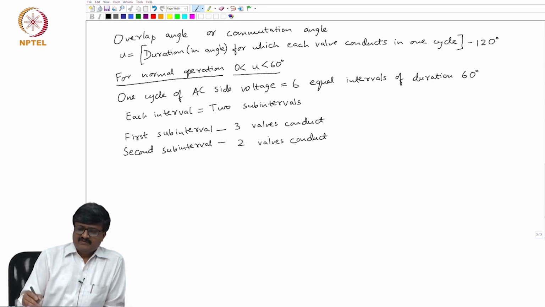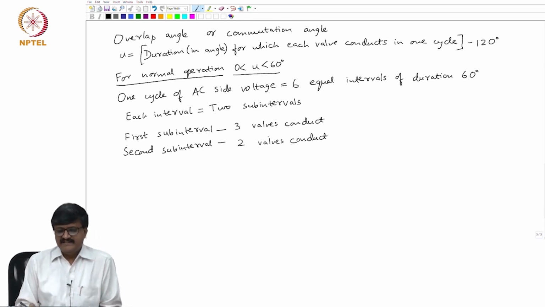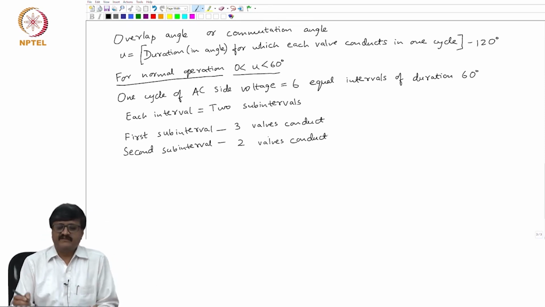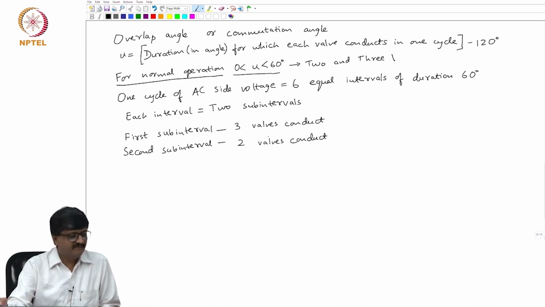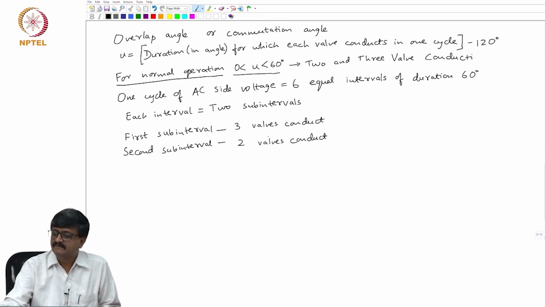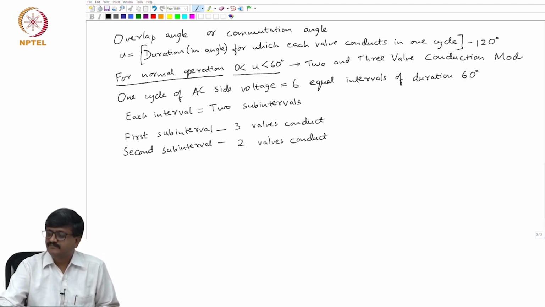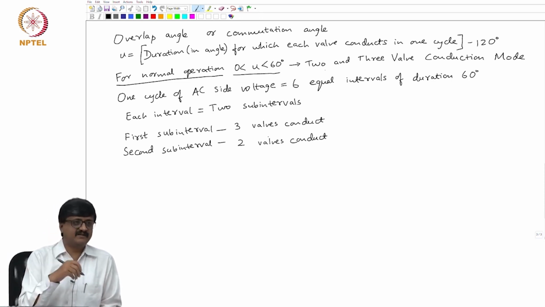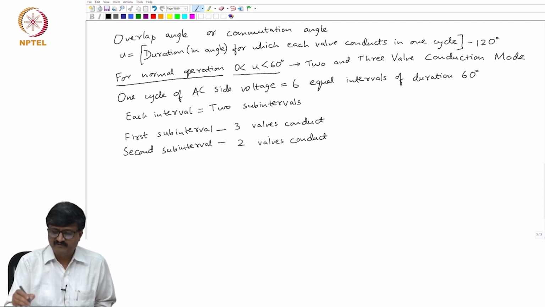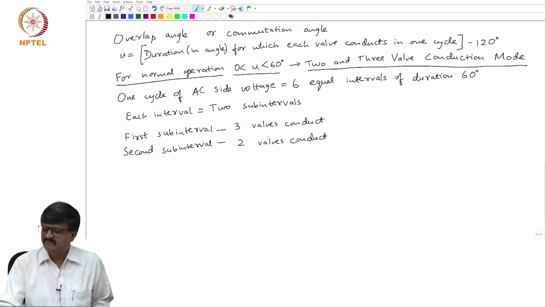So, since you take any instant, either 3 valves are conducting or 2 valves are conducting, that is why this case is known as 2 and 3 valve conduction mode. So, there are other possible modes corresponding to other possible values of u. So, for u between 0 and 60 degrees, we have 2 and 3 valve conduction mode.